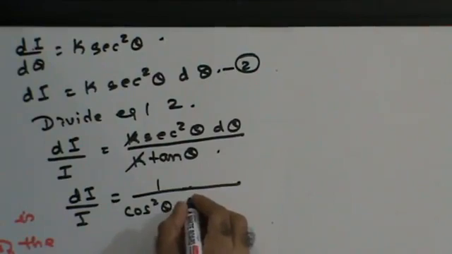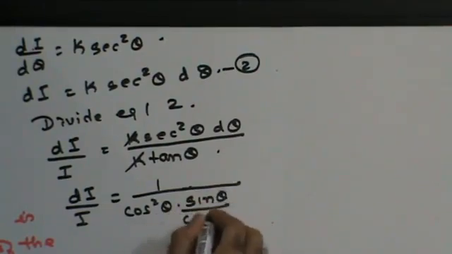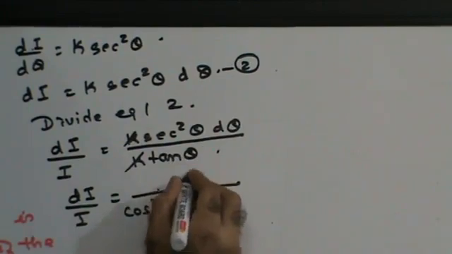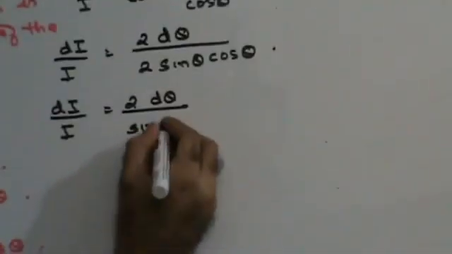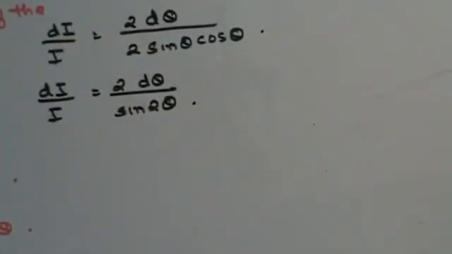Tan theta is nothing but sin theta upon cos theta into d theta. So cos and cos gets cancelled, so you will get di upon I is d theta upon sin theta cos theta, multiply by 2, divide by 2. Why did I do that? So that I could use my multiple submultiple formula. So I can therefore say that di by I is 2 d theta upon 2 sin theta cos theta, which is nothing but sin 2 theta, right?